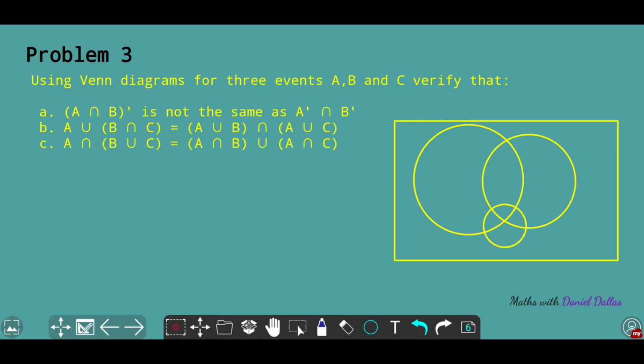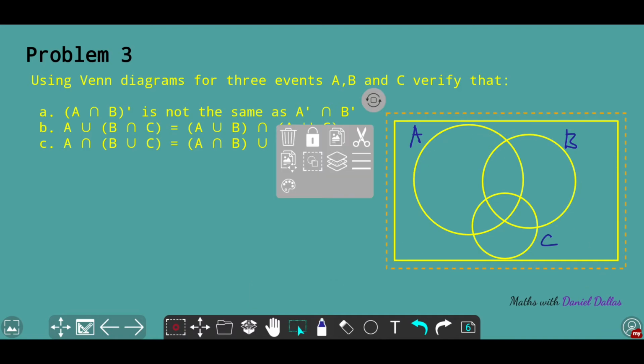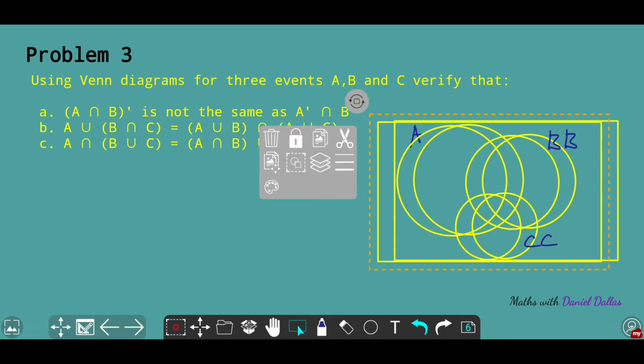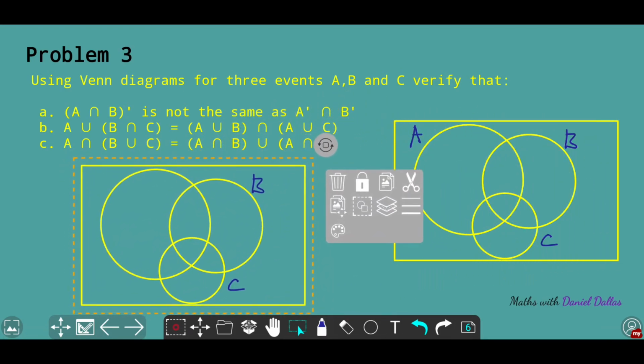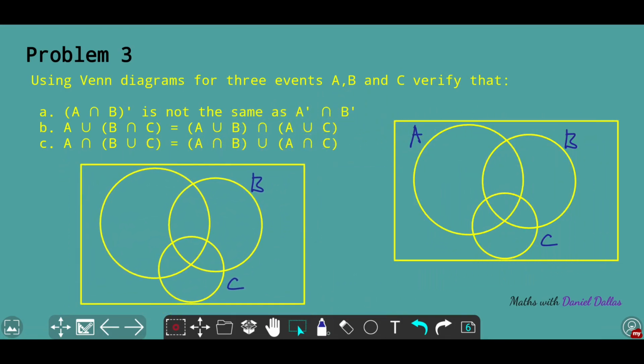Let's mark them as A, B, and C. Right now I'm going to consider the left hand side, so that is going to be this one. I'm just wondering, can I copy that? I hope I can. Yes, that works.